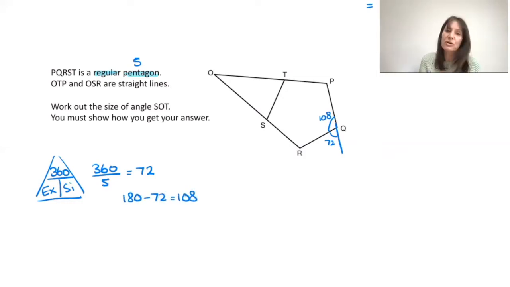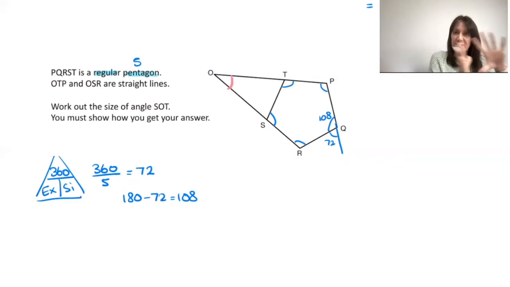Remember to always show your working out. So I now know the interior of every single one of these is 108. Work out the size of SOT. SOT is this angle here. So I've got to now get across my diagram to O so that I get an actual answer.